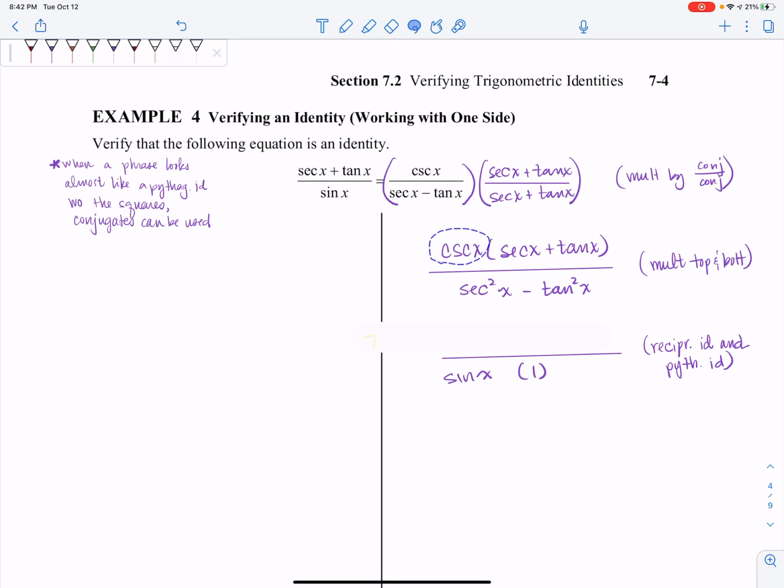So what I did was I got the reciprocal of cosecant, which is 1 over sine. And so that's why I put my sine on the bottom. So that came from the reciprocal identity. And then that left me with just what I wanted on top. And now you'll notice that this, with the exception of the times 1, matches the other side. So I was able to match the two sides.